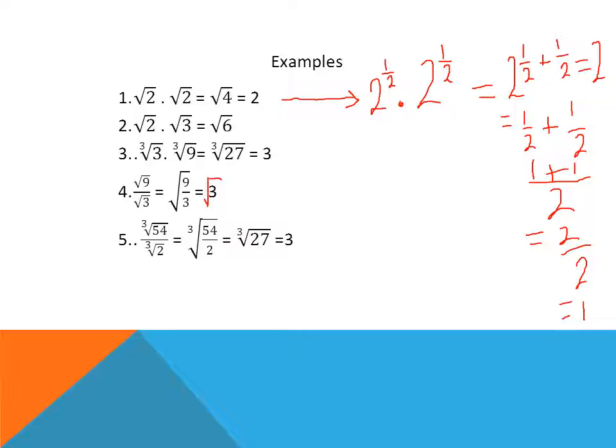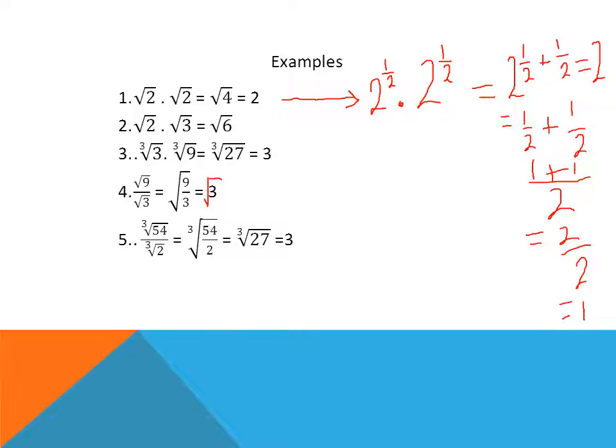The square root of 2 is the same as 2 to the power 1 over 2, and the other square root of 2 is also 2 to the power 1 over 2, as indicated with the ink pen. Remember when we were learning the basic laws of exponents, when the bases are the same and we are multiplying, we add the exponents or the indices.